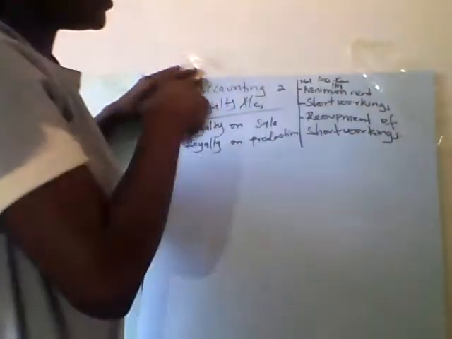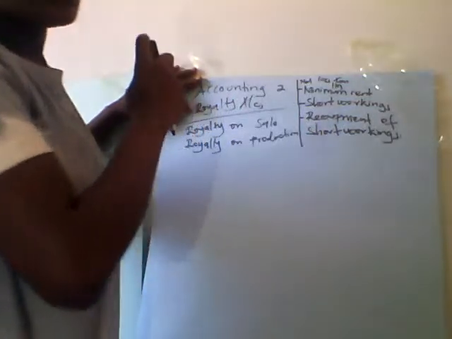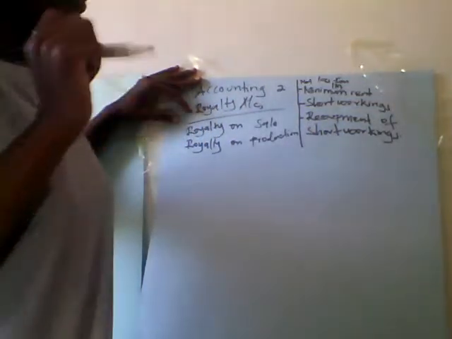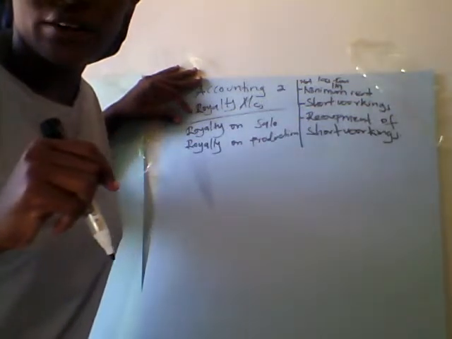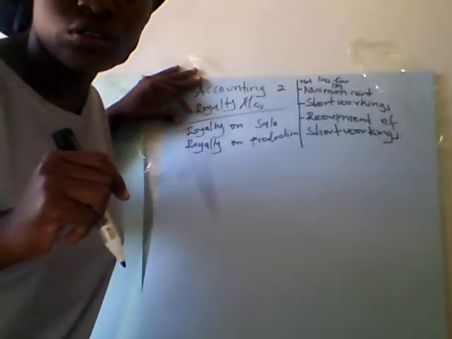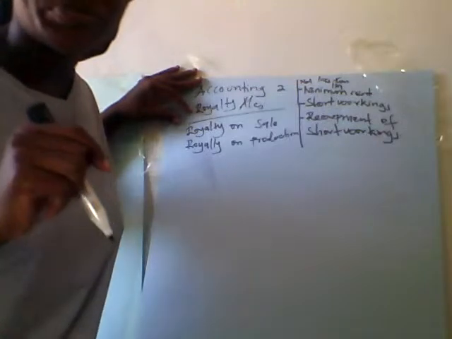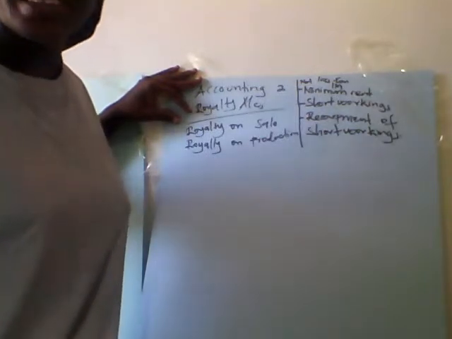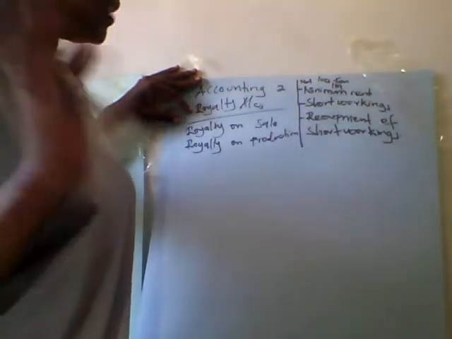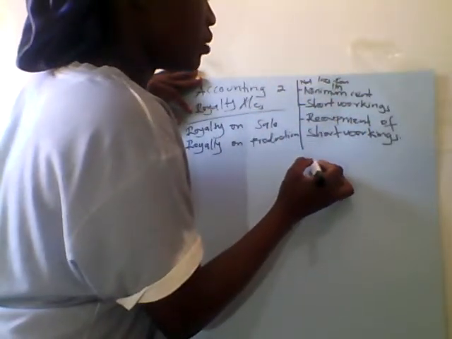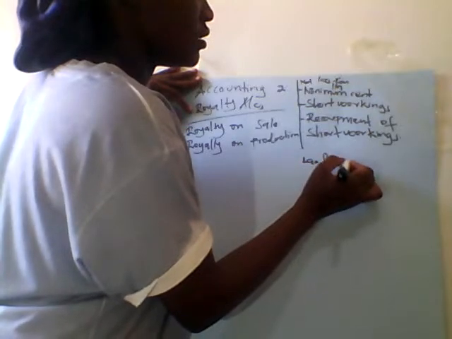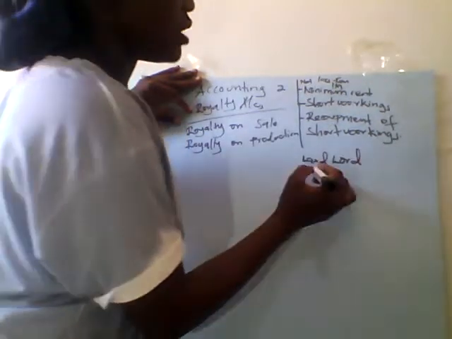Then we have short workings. Short workings is an expense, but to the tenant. Here in royalty, we have two persons: the landlord, and then the tenant.